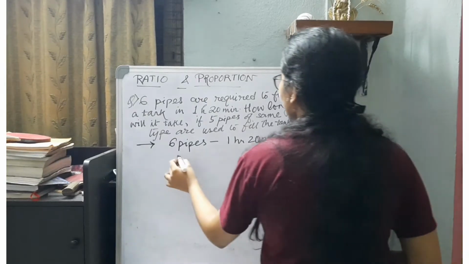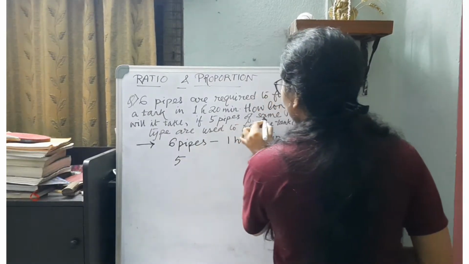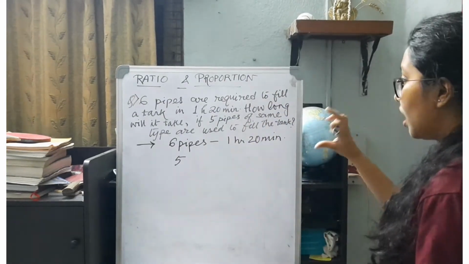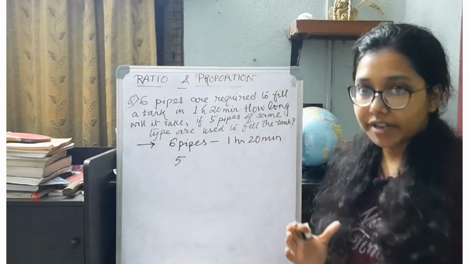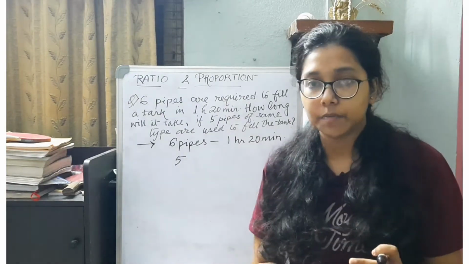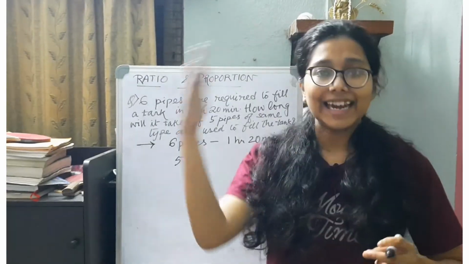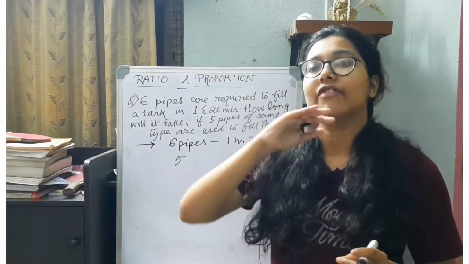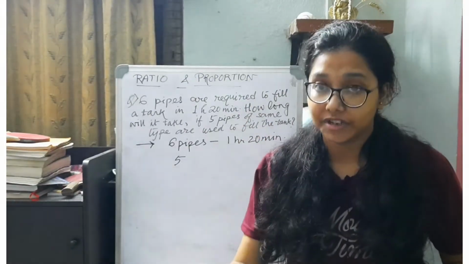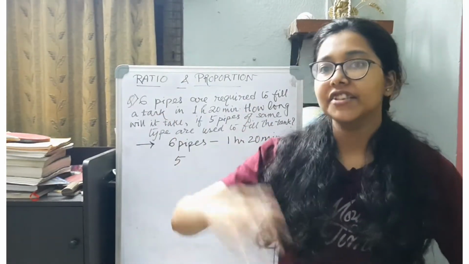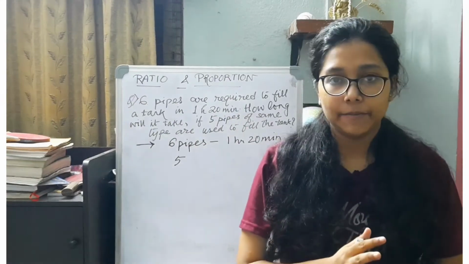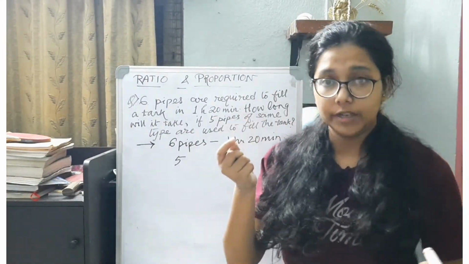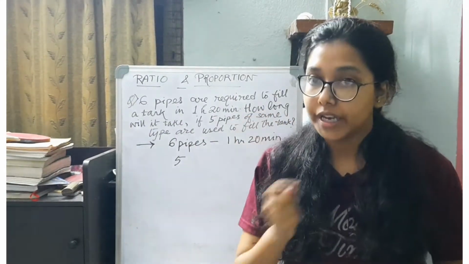Then what will be the time for 5 pipes of the same type? So same type is very important to be mentioned in the language part. Why? Because it cannot be any type of pipe. It should be the pipe having the same amount of flow of water. It's not that you take a different set of 5 pipes and it will yield the same result. So understanding the problem is equally more important.